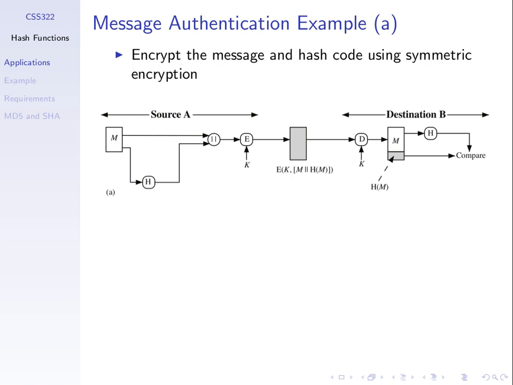Let's see how that works in terms of what happens if a malicious user tries to modify the message along the way, and how this verification process can detect such modifications.